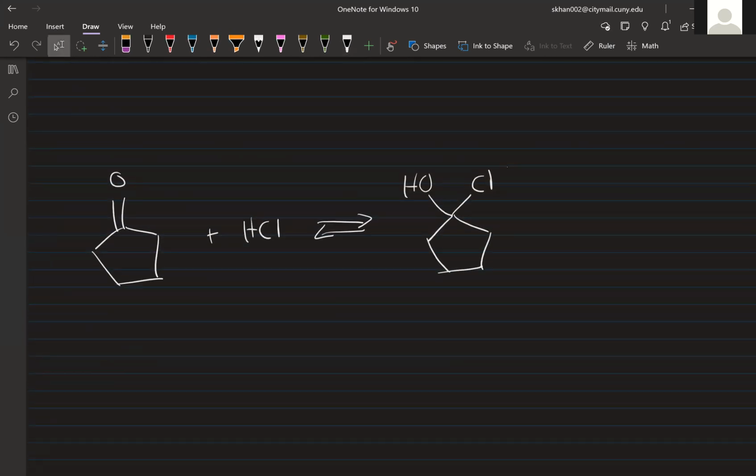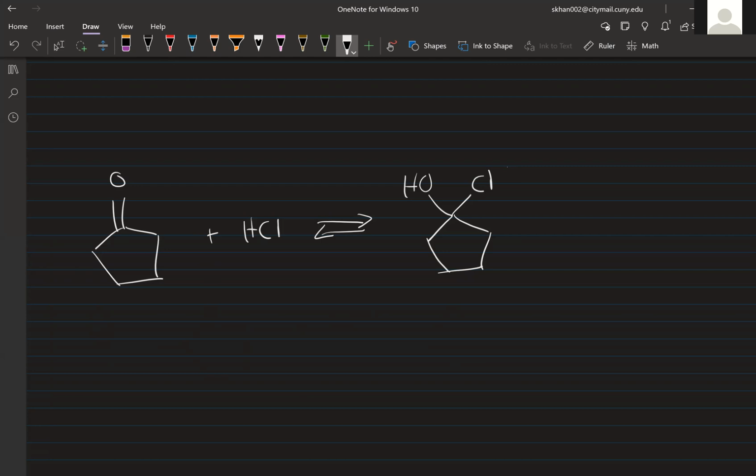Really the main thing I want to point out here is you just have to be wary of whatever conditions you're under. In a lot of these reactions, mostly the oxygen and I believe the nitrogen nucleophiles, and the sulfur too, because sulfur is analogous to oxygen, you're going to be under acidic conditions.